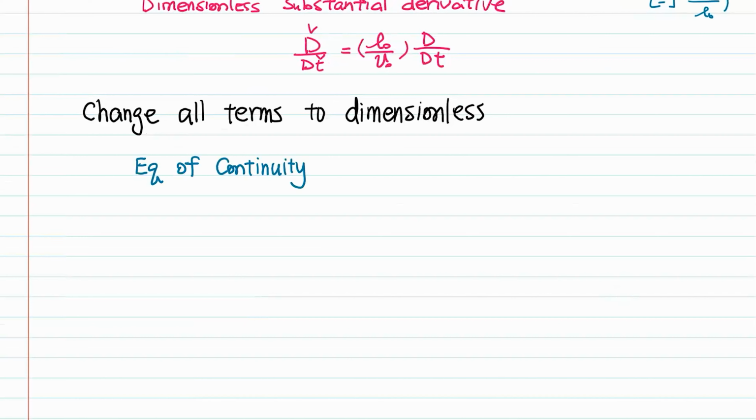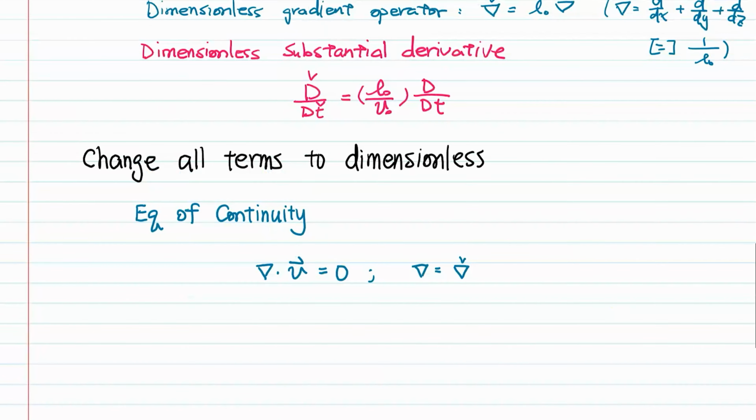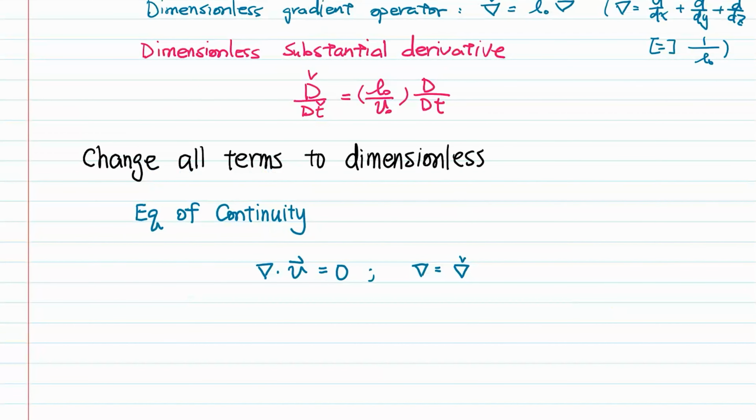So for the equation of continuity, we have the gradient dotted with the velocity equals 0, right? But the gradient operator equals the dimensionless gradient operator divided by L naught.